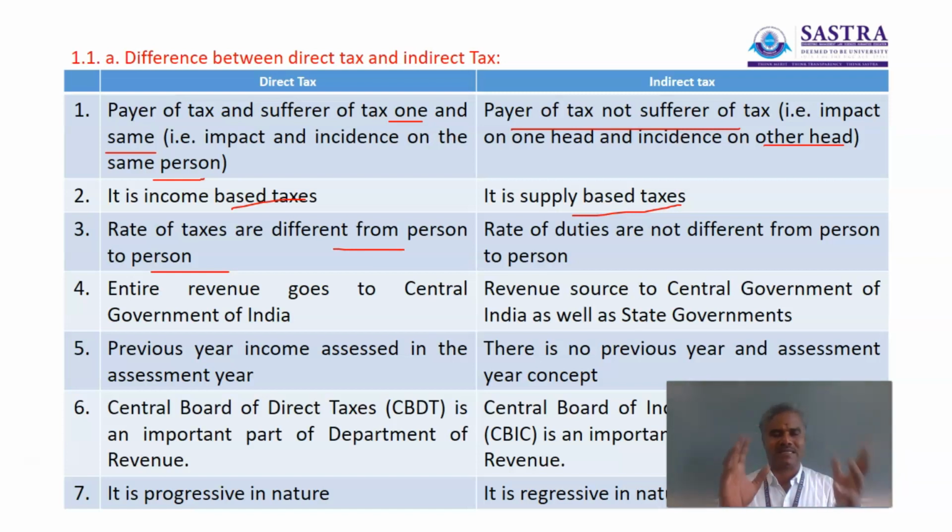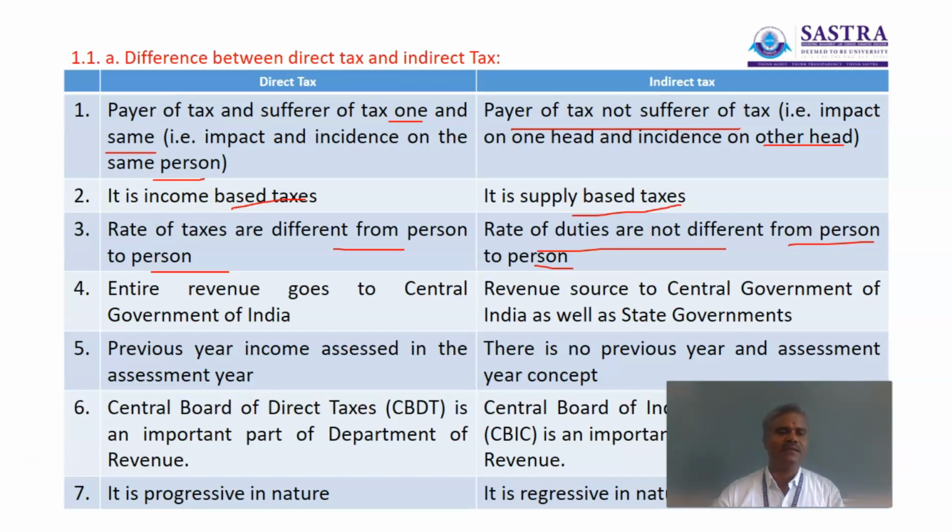So this is the tax rate system in income tax or direct tax. But in indirect tax, rates of duties are not different from person to person. Here same, here same, here same. Wherever you go, you buy a product, you have to pay GST at the same rate. Wherever you go to eat food in a hotel, you have to pay tax uniformly.